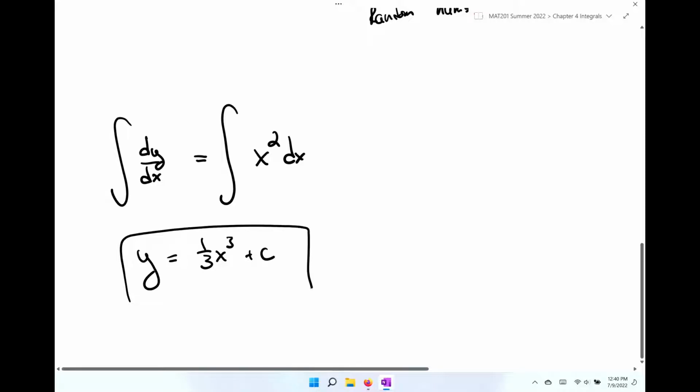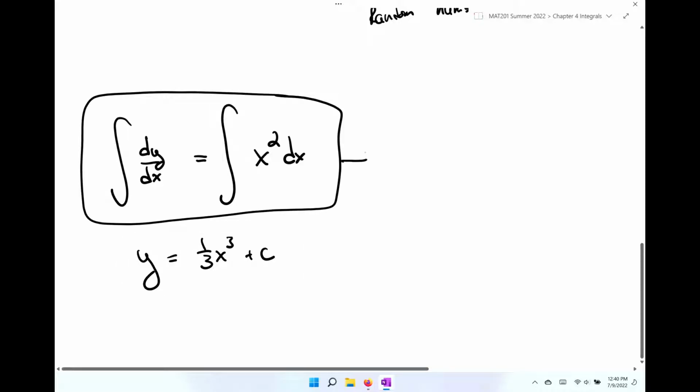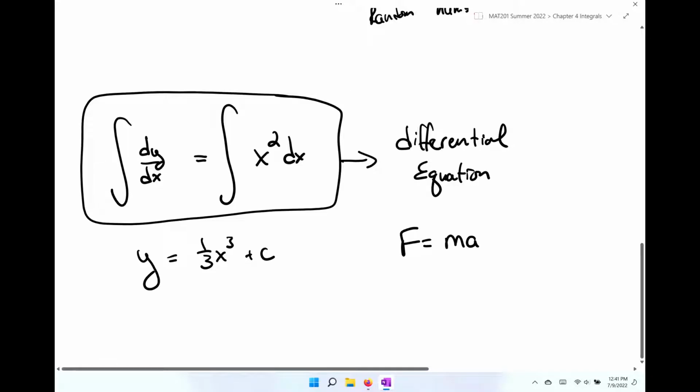We call this, actually, hold on, let me be more specific here. We will call this a differential equation because it contains a derivative. The most famous one you've probably heard of is F equals ma, which is Newton's second law of motion, which can be rewritten as F equals the second derivative with respect to time of displacement.